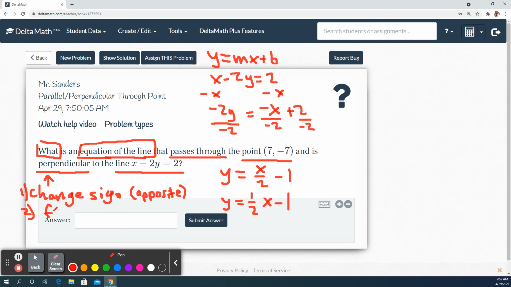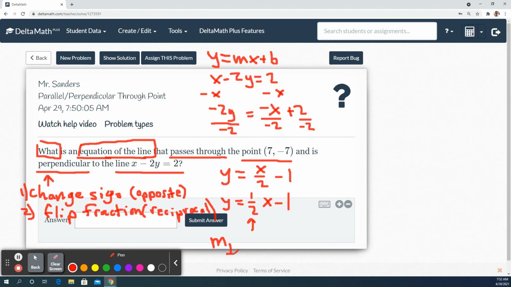We have to flip the fraction. We have to make it into a fraction if it's not a fraction, that's called reciprocal. All right, so we do the opposite reciprocal. We change the sign and flip the fraction of the what? Of the slope.